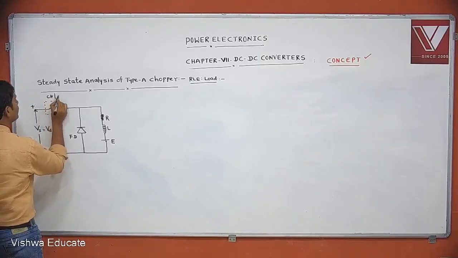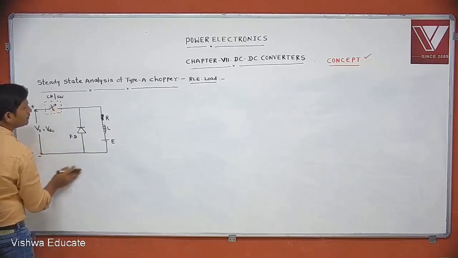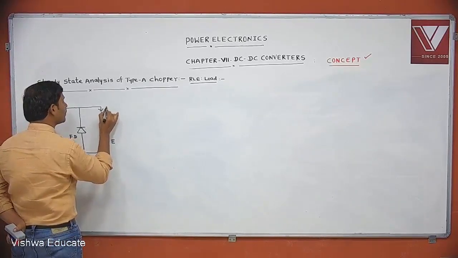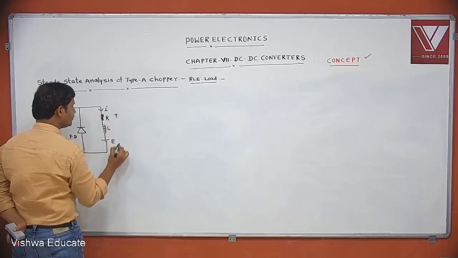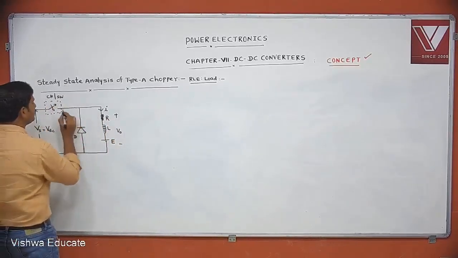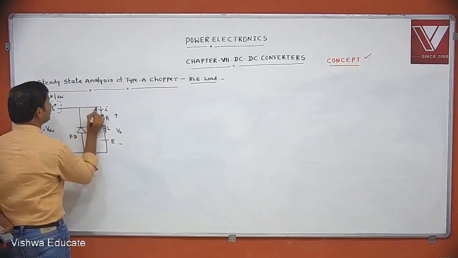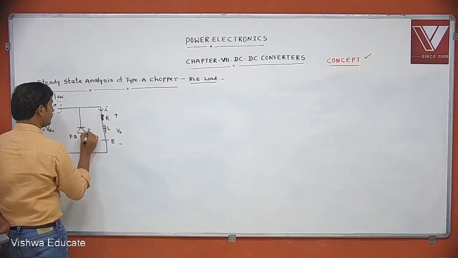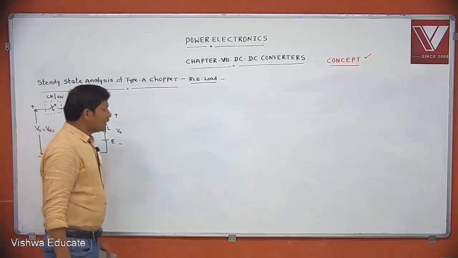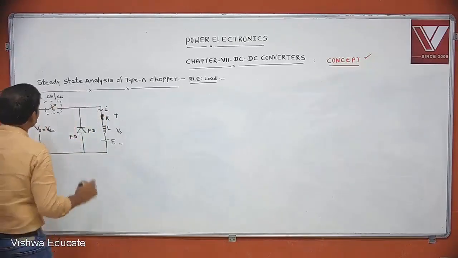This is the freewheeling diode, and this is the chopper or switch. This is type A chopper with RLE load.